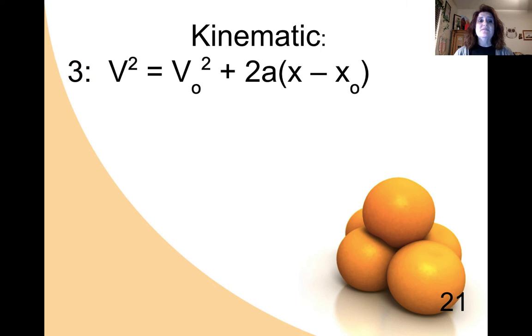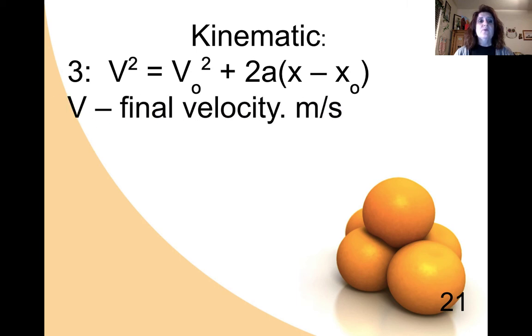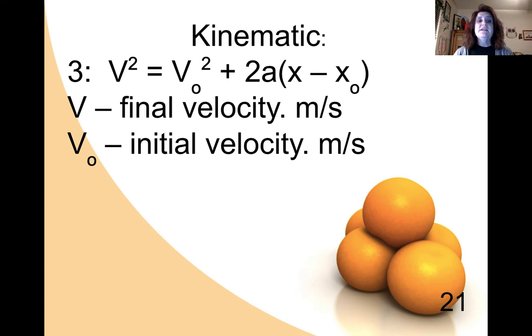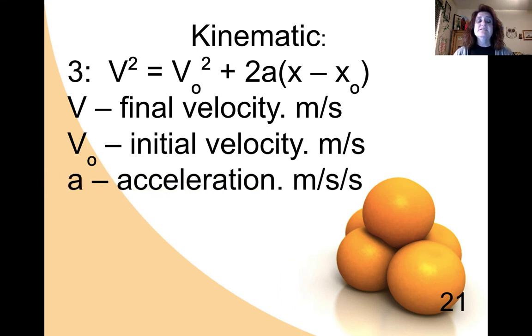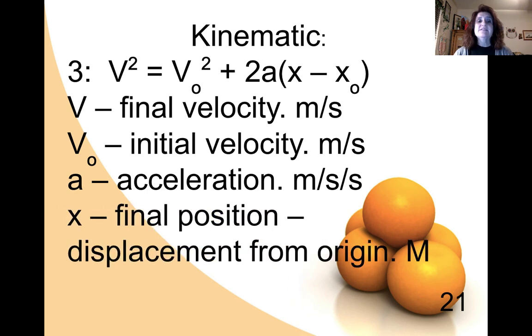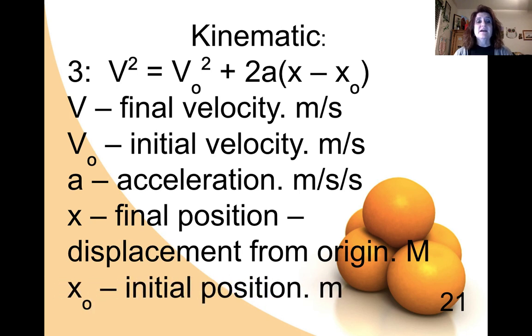Kinematic 3, v squared is equal to v naught squared plus 2a delta x, or x minus x naught, where v is the final velocity in meters per second. V naught is the initial velocity in meters per second. A is the acceleration in meters per second squared. X is the final position or displacement from the origin, and x naught is the initial position.